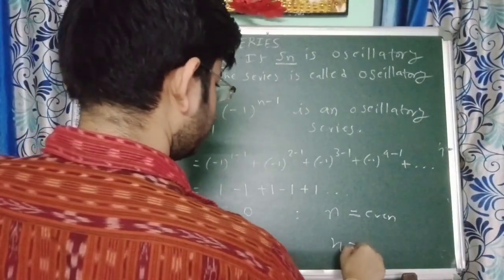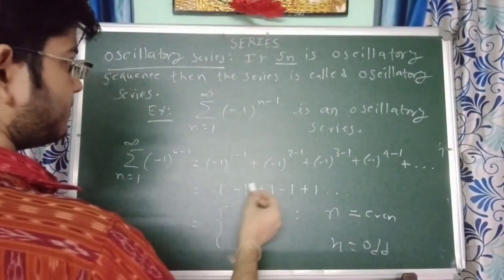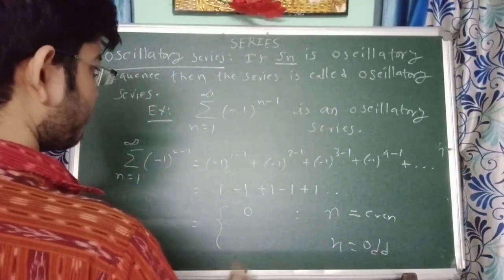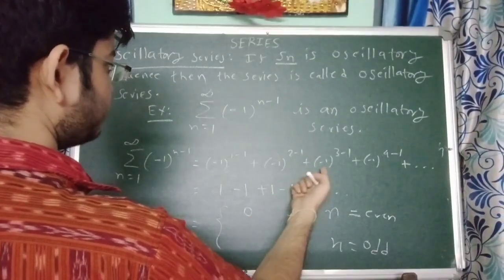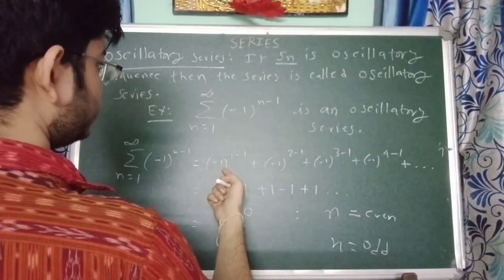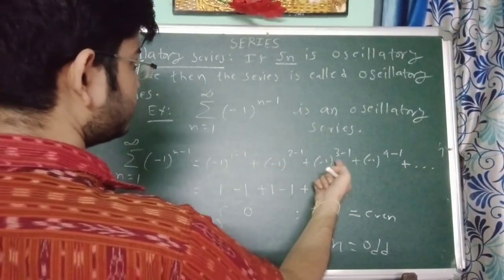And if n is odd, for example n equals 3, then we terminate up to this part, with terms (-1) to the power 1 minus 1, (-1) to the power 2 minus 1, and (-1) to the power 3 minus 1.